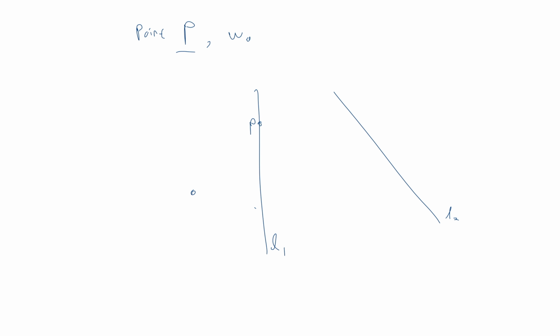Actually, let's redefine Q as the intersection, and this point is fixed. The center of perspectivity always has to be fixed. So let's say we're intersecting this line with this line here to get another point Q. Then the map from P to Q is projective, because perspectivities preserve the cross ratio.